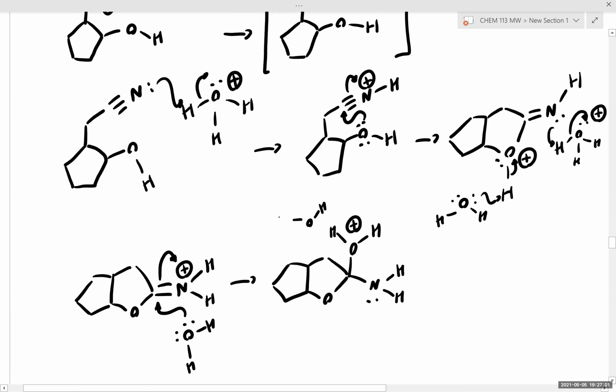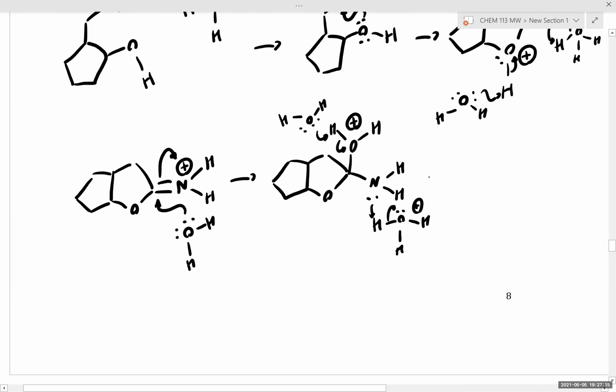From here, we're going to do a series of proton transfers to free up a lone pair on oxygen and activate our amine as a leaving group. So from here, we now have this tetrahedral intermediate primed and ready to lose our leaving group.